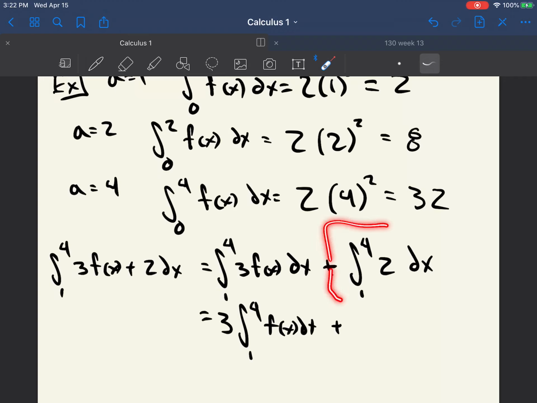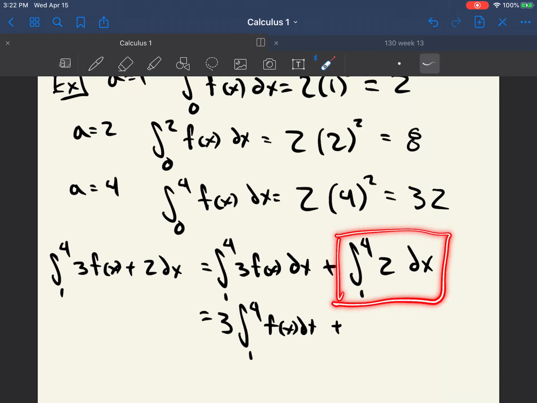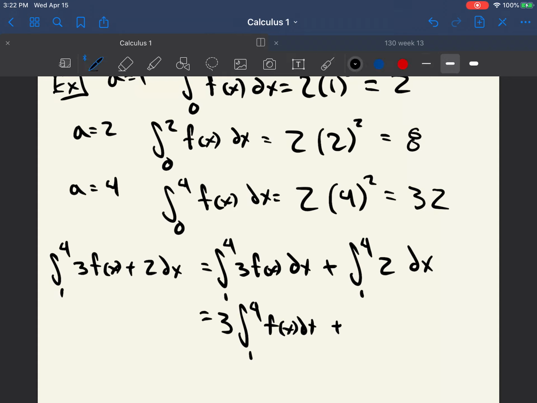And I'll remind you that one of the problems in the previous sections was a now you try problem that essentially said find the integral from a to b of any old constant c, right? So that was a problem that you did, and the moral of that problem, the idea behind it, was essentially that if you integrate a constant, the integral is going to be whatever that constant was, so in this case 2, times the length of the interval over which you integrated.